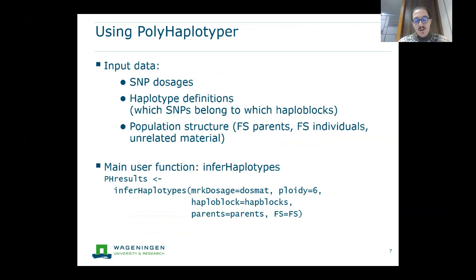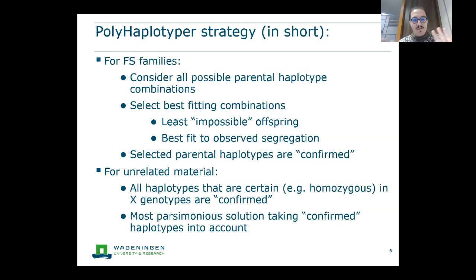Before I forget, there was another thing. The time that it takes to haplotype an individual depends on the number of possible combinations that there is for a haplotype, and that really depends on the dosages that are observed. That means that for some haploblocks, even though two haploblocks might be very nearby each other, one might have hundreds of thousands of possible combinations, and another one might only have 10,000 combinations.